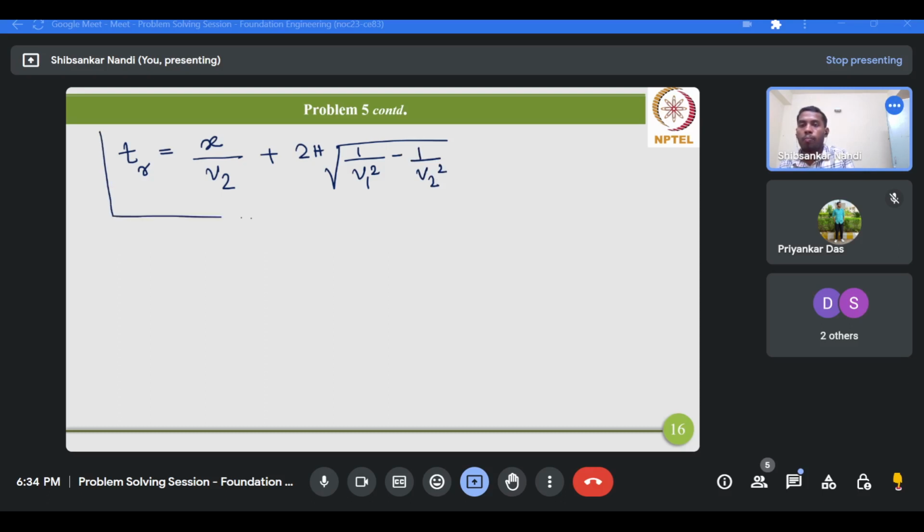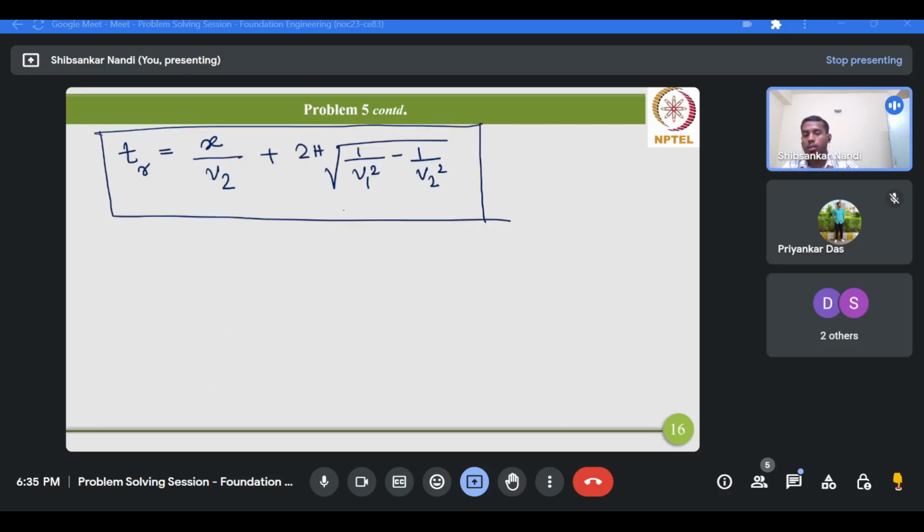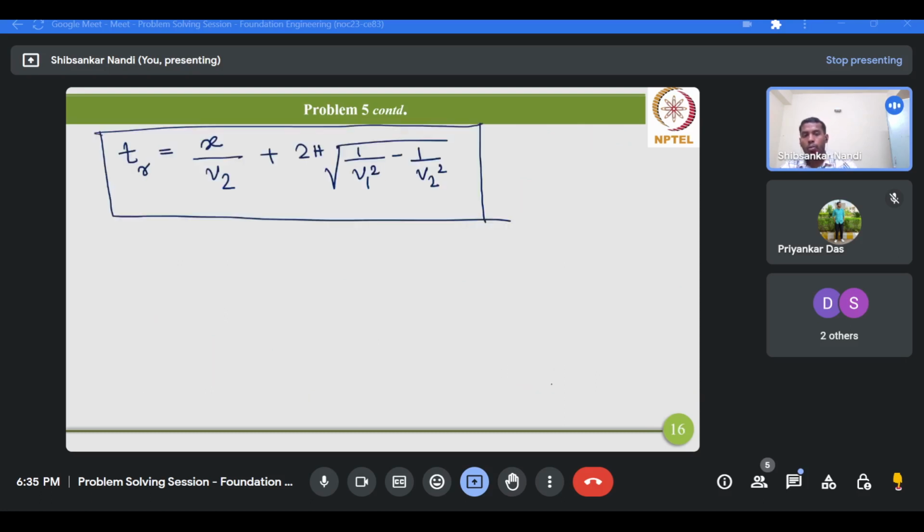So this is the time of travel for the refracted wave in terms of thickness, distance and the velocities of the two layers, since we have substituted the values of incidence angle in terms of velocities. This is nothing but the simplification, only the algebraic manipulation of this expression. So please do this part on your own.